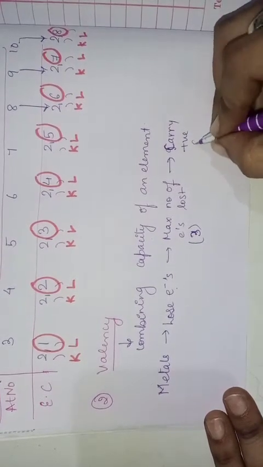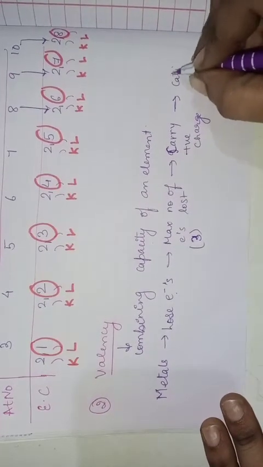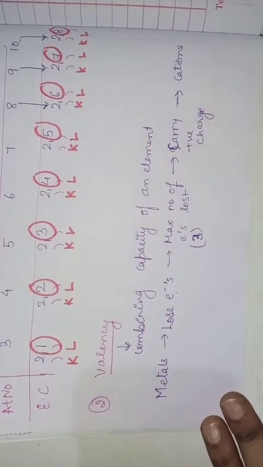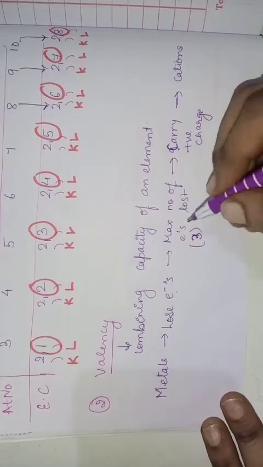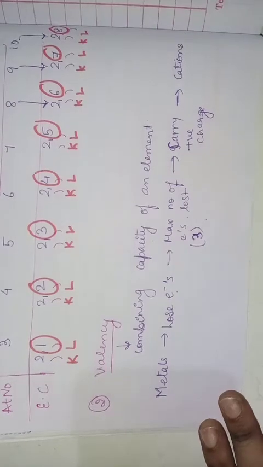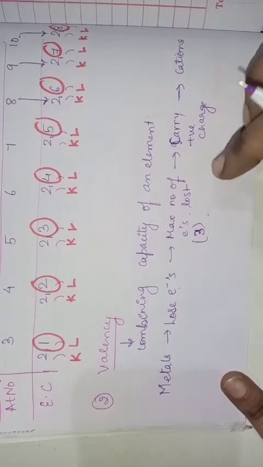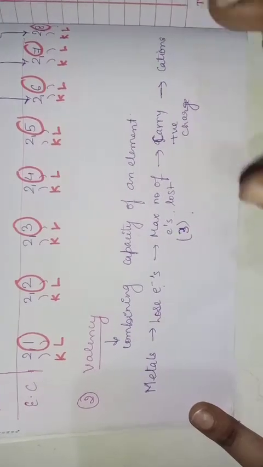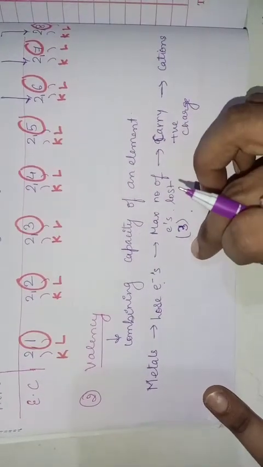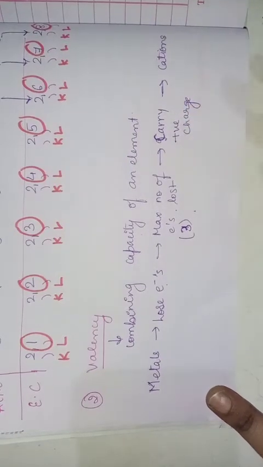This positively charged ion is known as a cation. So a maximum of 3 electrons is lost. That means from the outermost shell, they can lose 1, 2 or 3. The minimum they can lose is 1, it can also be 2. The maximum is 3. After 3, they cannot lose more.